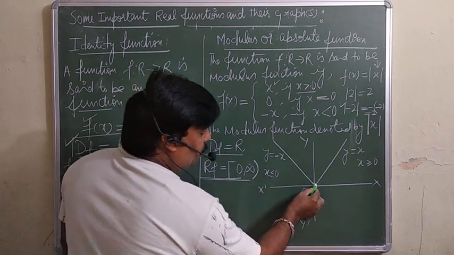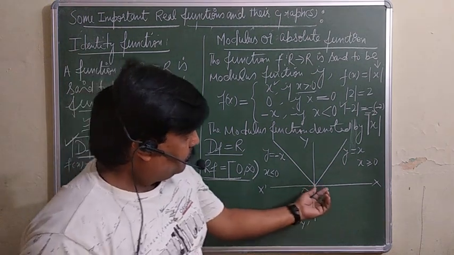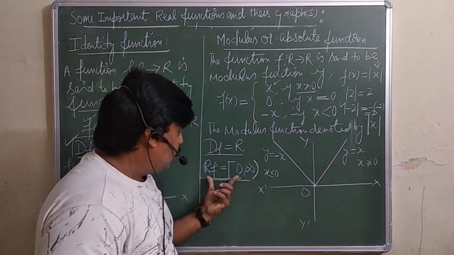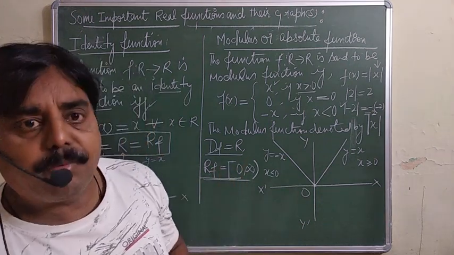So this is at 0 here only. This is the graph for this one. So the domain will be the real numbers, but your range will be all the positive numbers.